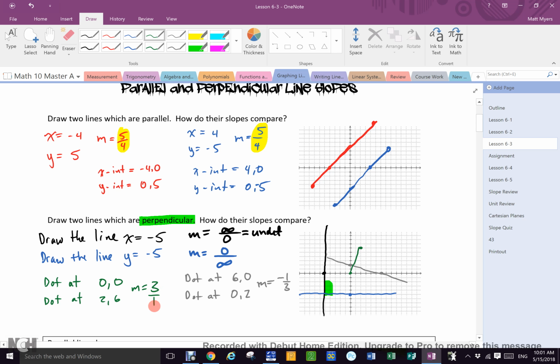Wait a minute. What just happened with the green and the gray slope? It reciprocated. Well, we know something about a reciprocal slope. If lines are perpendicular, they have reciprocal slopes, don't they? But why is one negative and one positive?